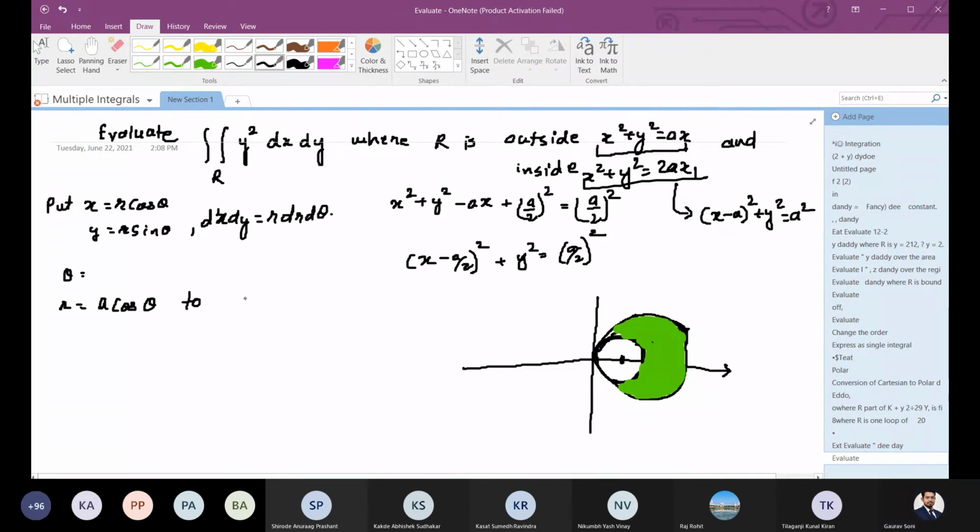In the second equation, if we put the same thing, we get r is equal to 2a cos theta. Moreover, for theta, we can observe that it is from minus pi by 2 to pi by 2.